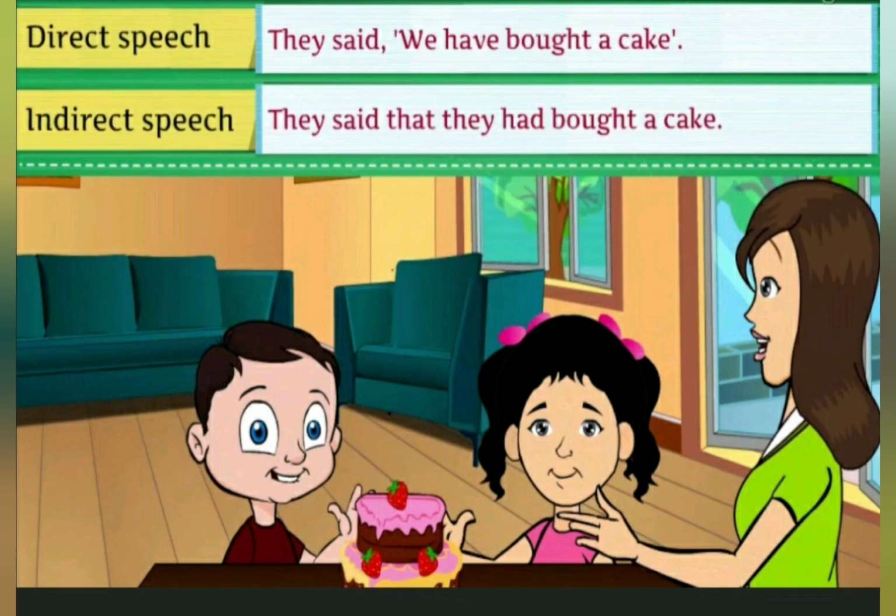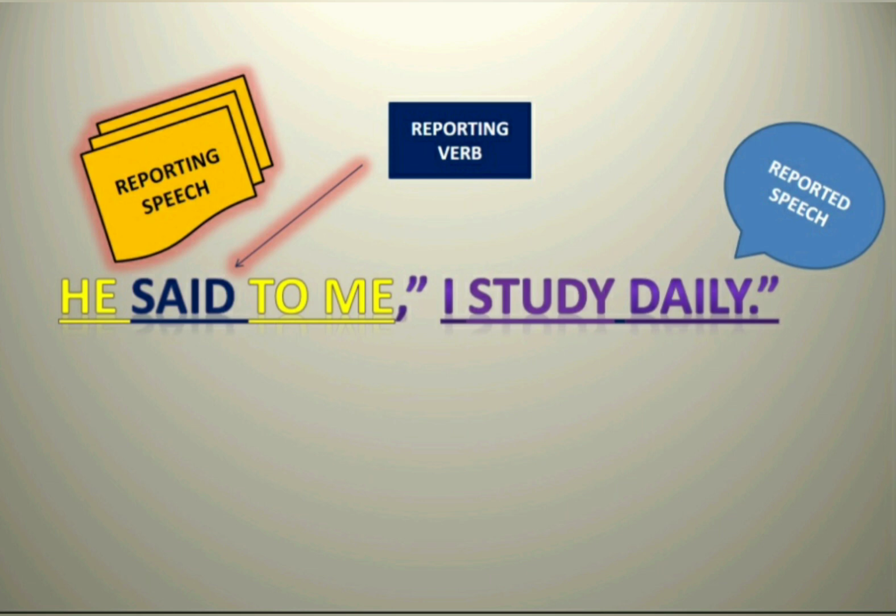Let's get to know about the terms of direct and indirect speech. See this example: He said to me, "I study daily." In this example, the first portion in which the speaker and the listener are present is called the reporting speech. And the verb which has come between them is called the reporting verb.